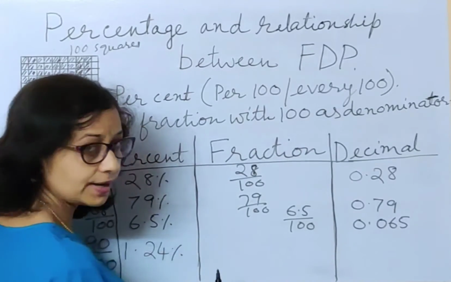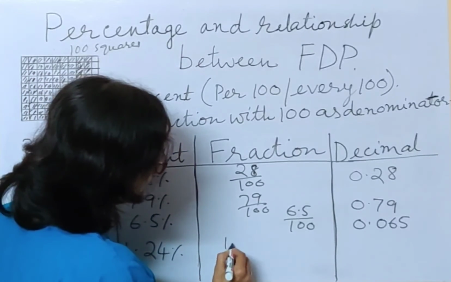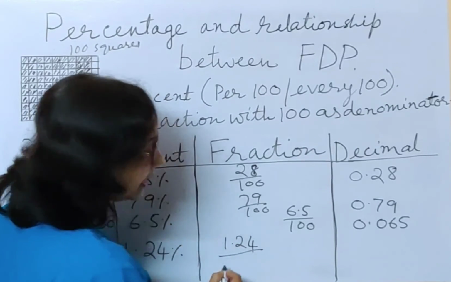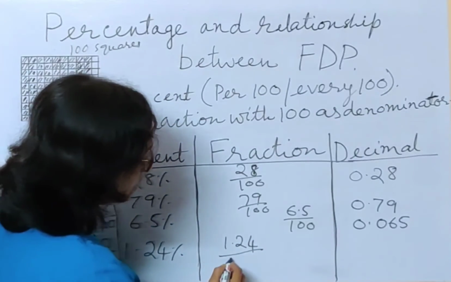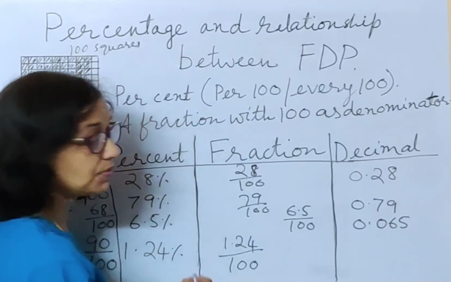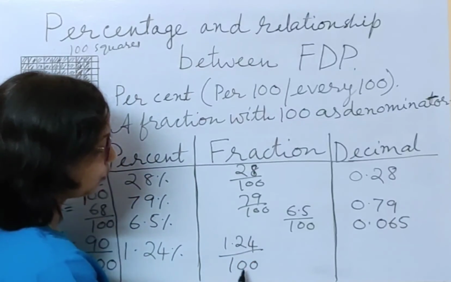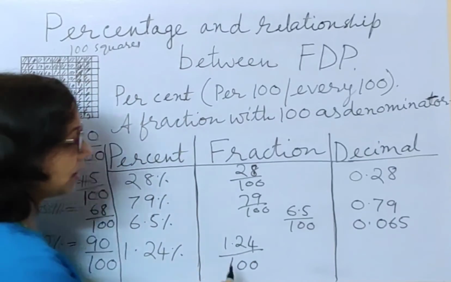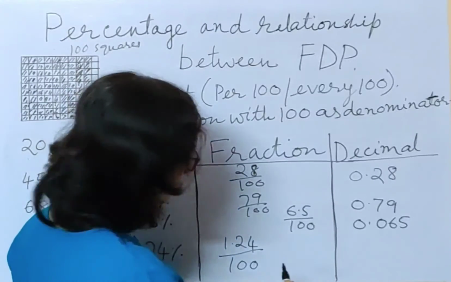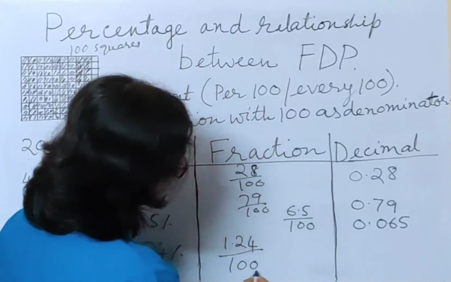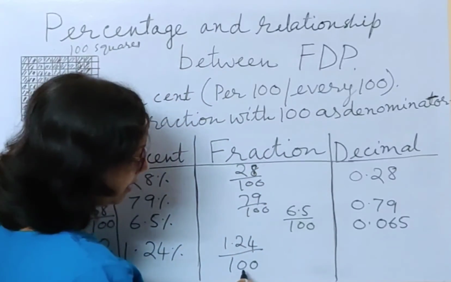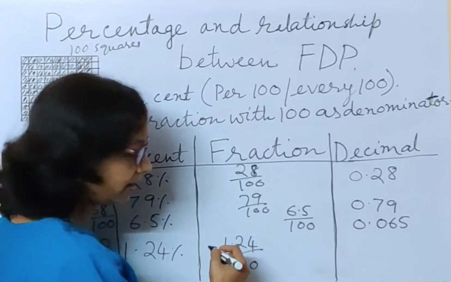Another example, 1.24%. So how do I write? I will write 1.24 and I am writing percent. So per 100, every 100, 1.24 by 100. Now how do I write it as a decimal? You can see two zeros in 100, so the decimal point will shift two places to the left.